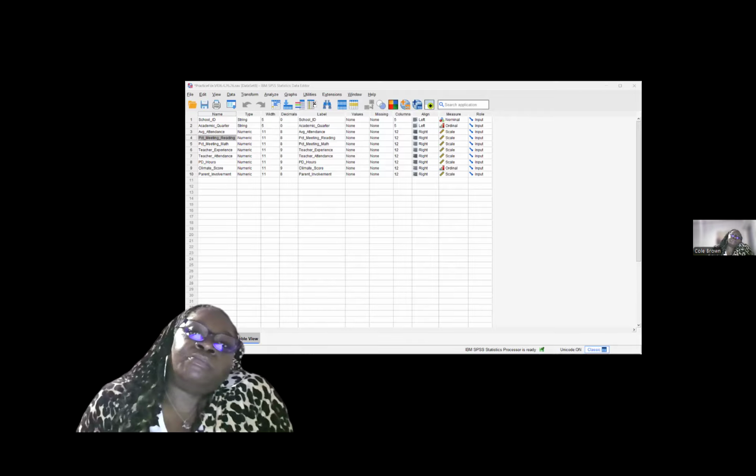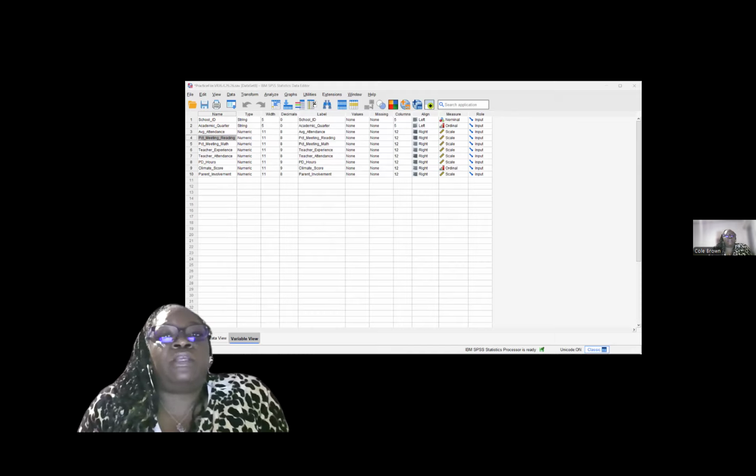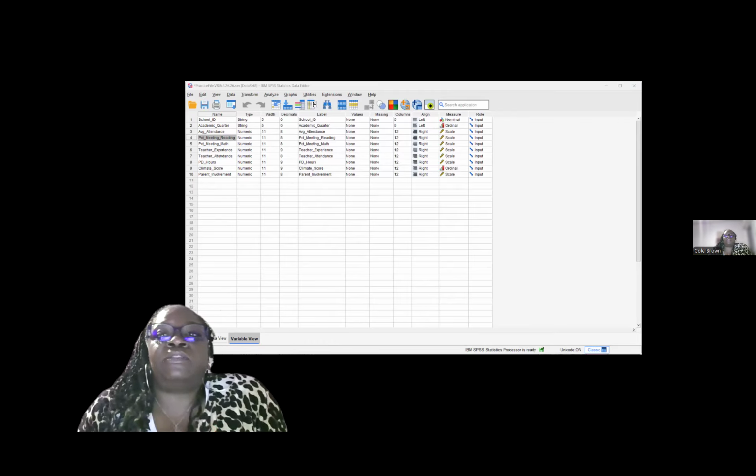So there's basically nowhere else for them to go. But then you have a few down on 80% reading benchmark. There's a lot of space right here that is empty.